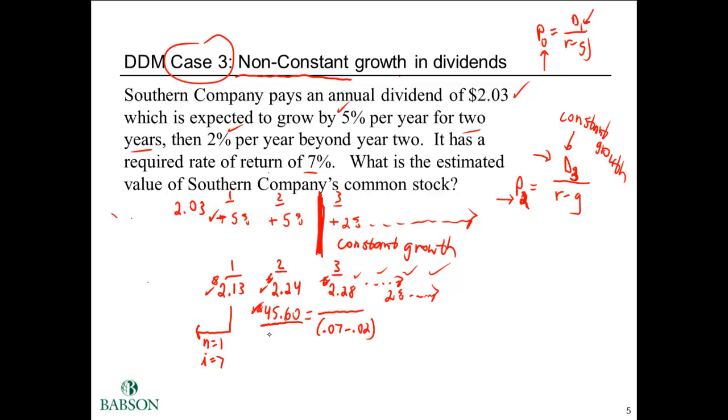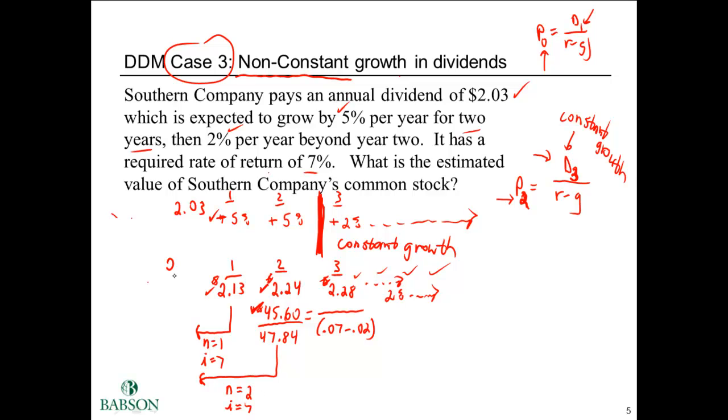And then we have 2 things that we're going to be receiving in year 2. We're going to be receiving a $2.24 dividend, and then we will have a stock that's worth about $45.60 after that. So the total value that Southern Company will exhibit in year 2 is $47.84. So we have to find the value of that today. Of course, we're going to be pulling that back in time 2 years at 7%.